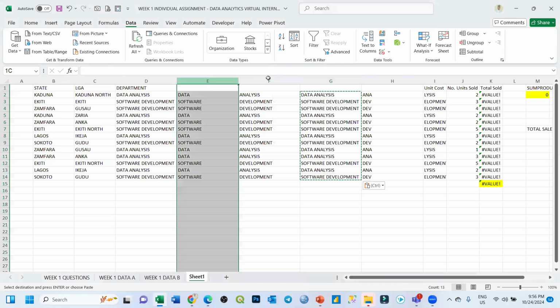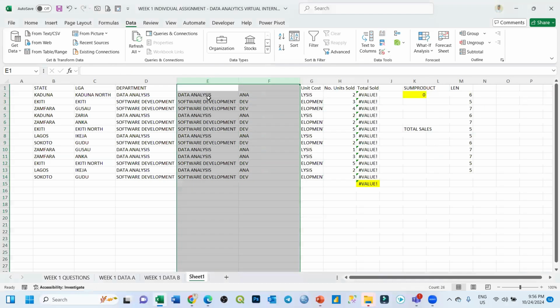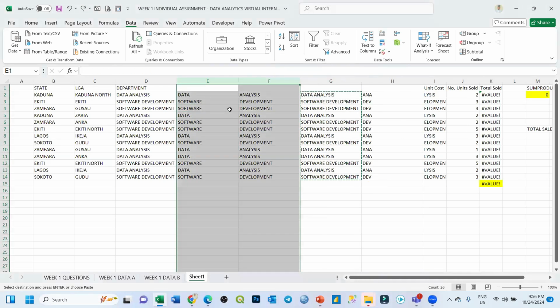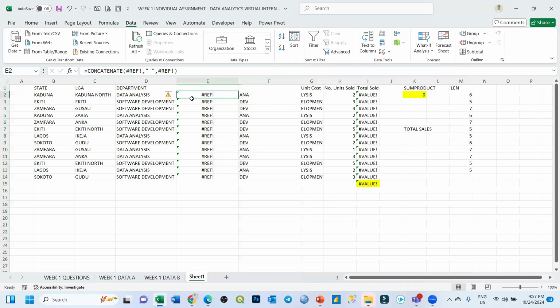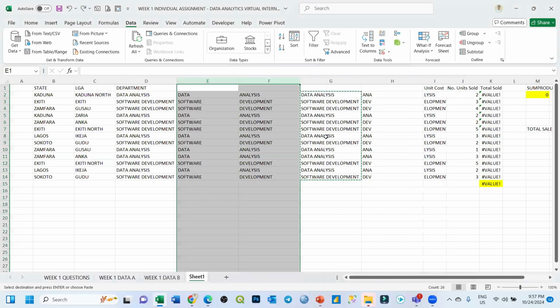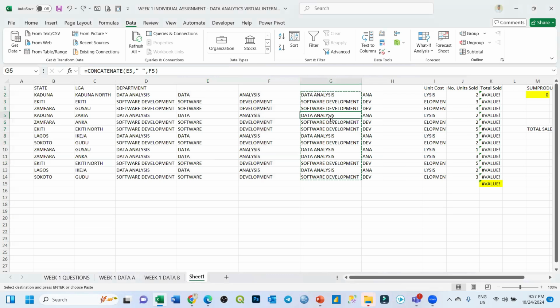That's all. So now if I delete this, it will not affect this. But if I didn't do that, let me Control Z it. Now if I delete this, let me show you what will happen. Everything will be gone, because I deleted the reference cells. That's why I show you this paste special. Please rewatch the video and learn how to do this.